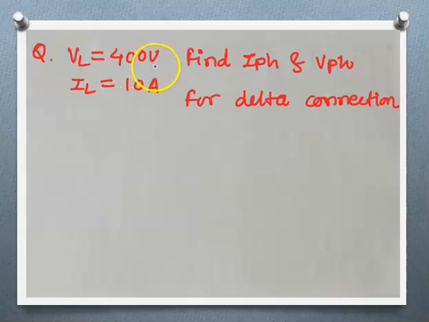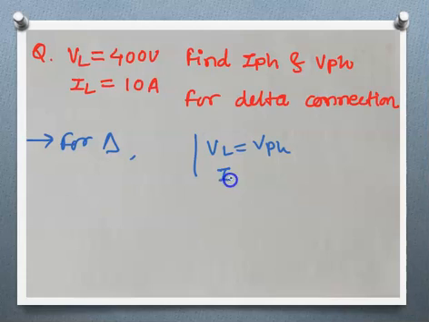Here VL is 400 volt and IL is given as 10 ampere. We have to find the IPH and VPH values for delta connection. We know that for delta connection we have these two equations: VL equals VPH and IL equals √3 times IPH.